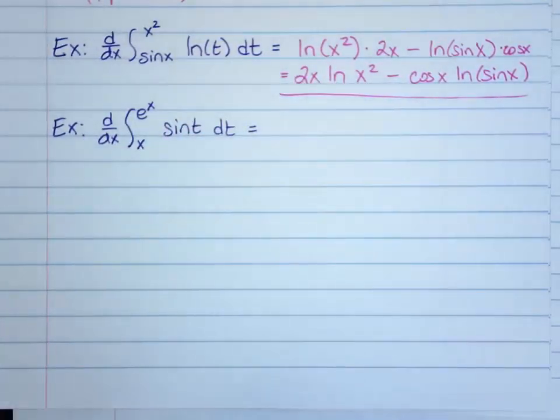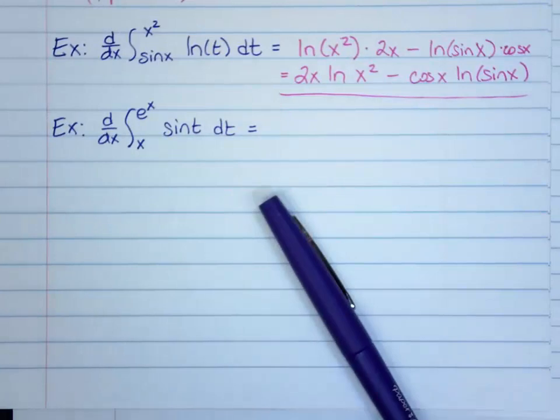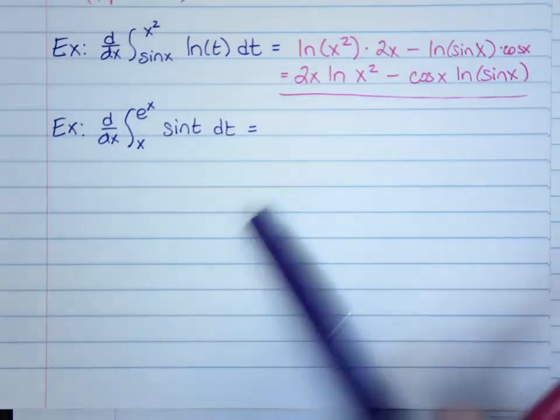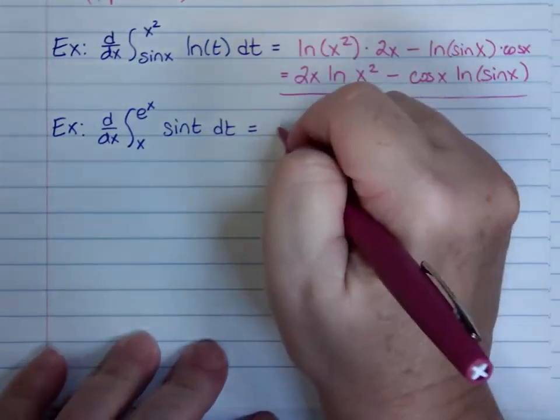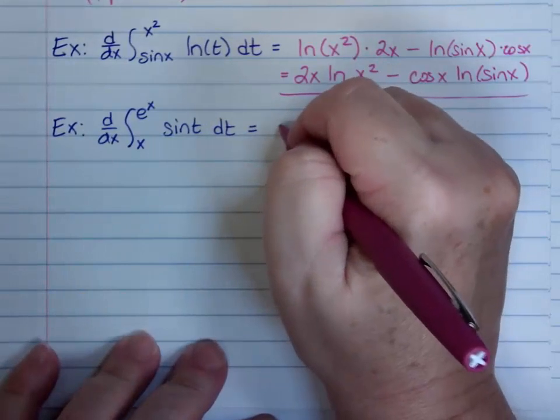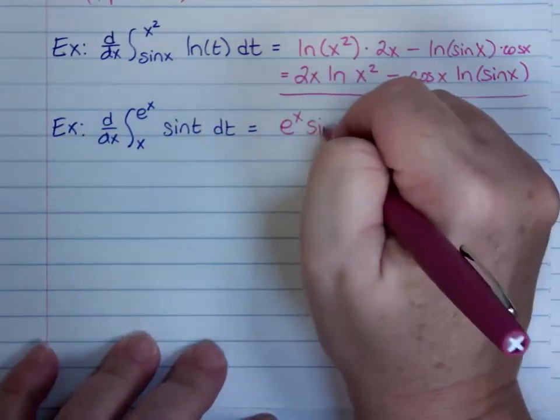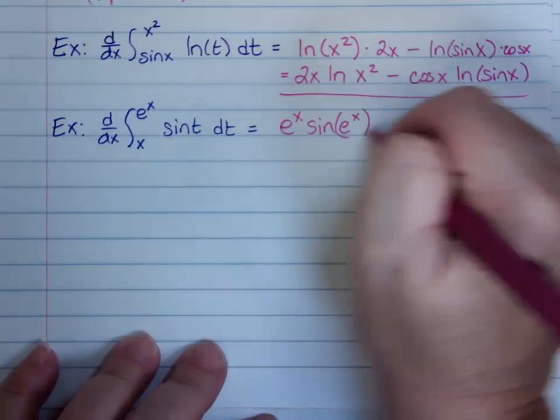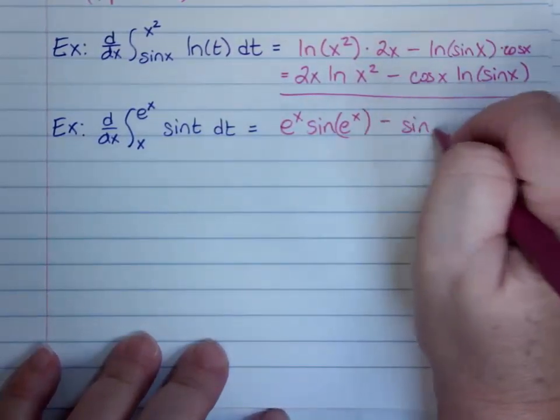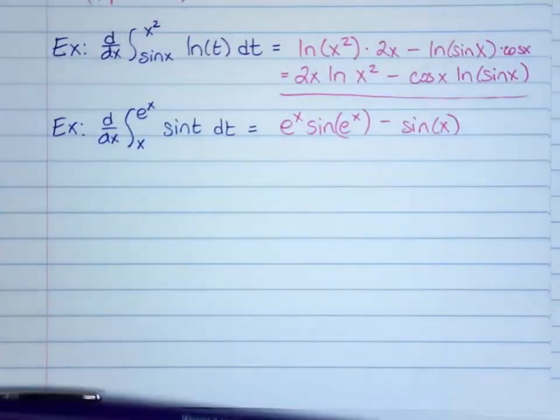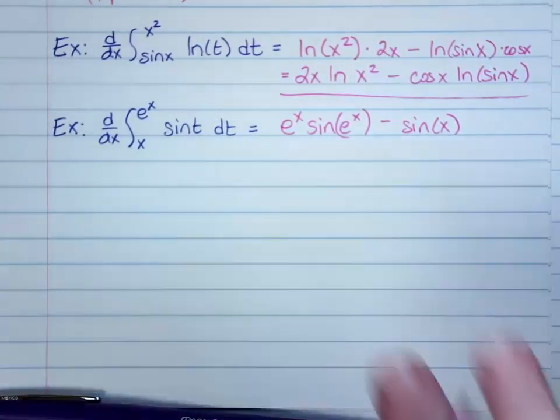Your turn. It is e to the x sine of e to the x minus sine of x. And that's it. How many of you got it right? Let me see. Awesome. Okay. This is it for today.